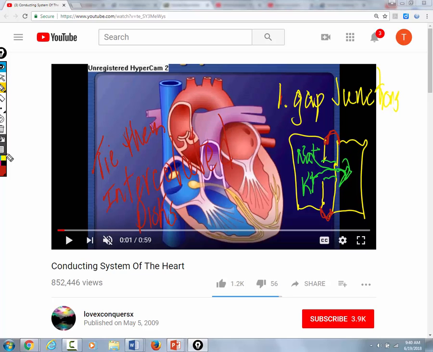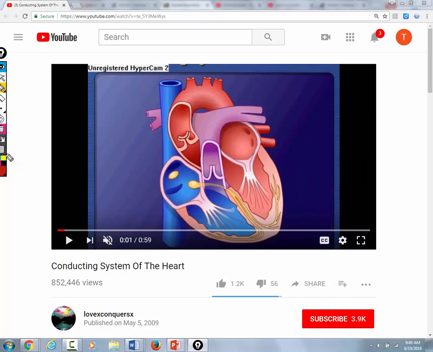Okay. Now, write this down, very important. There are heart cells that do not contract, but instead they produce electrical impulses.